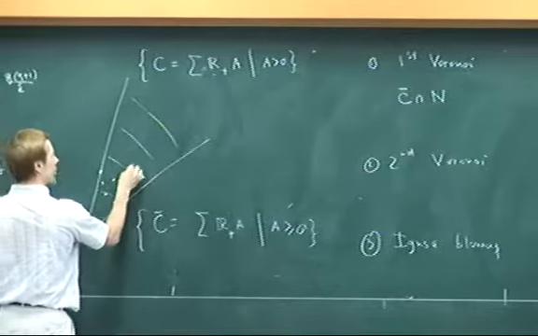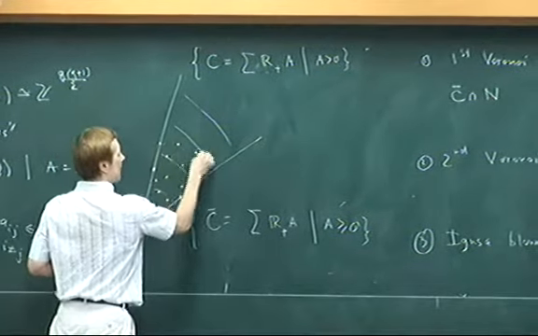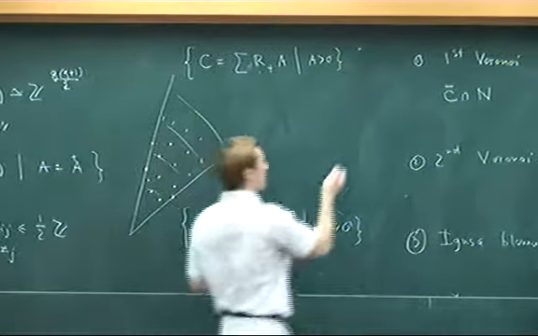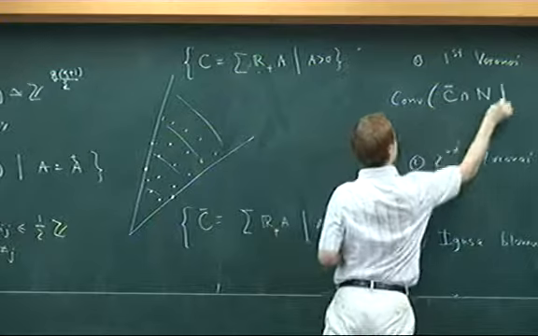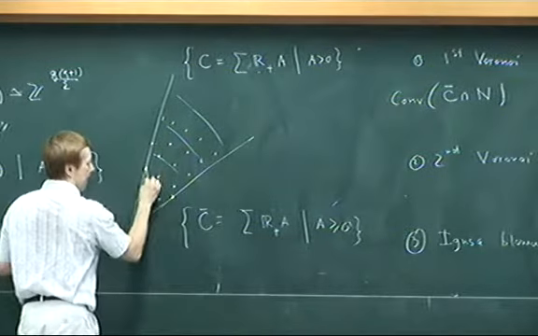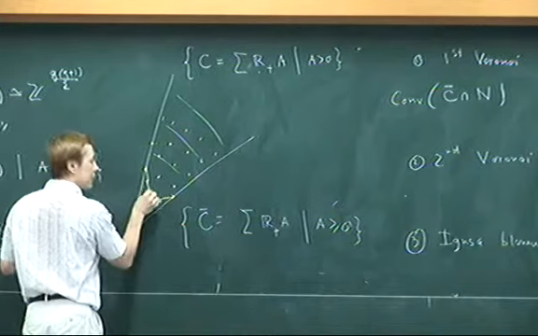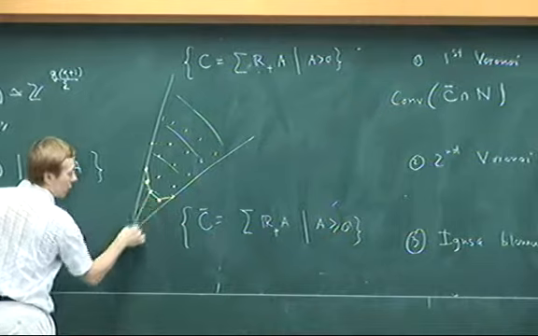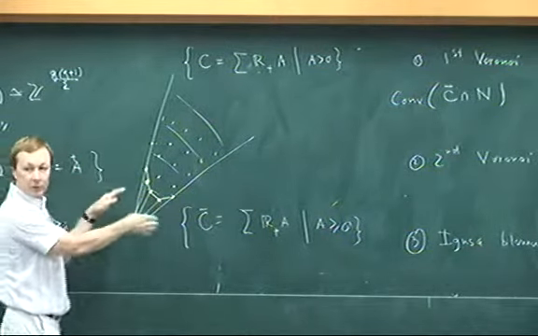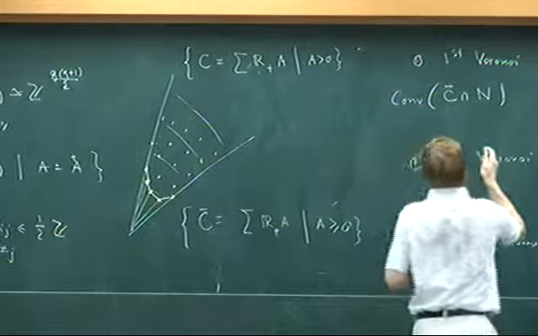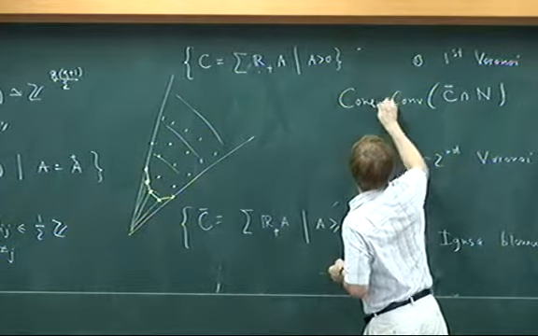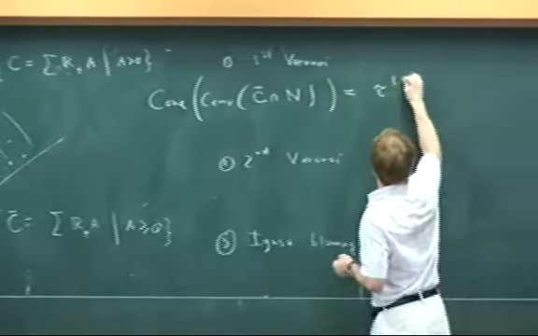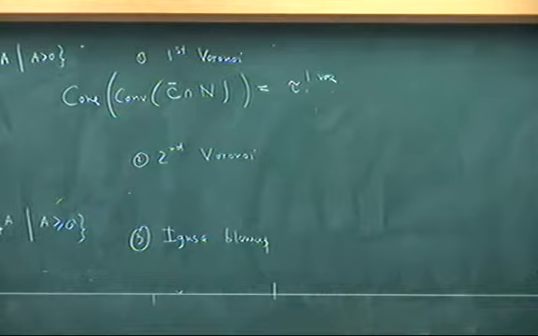You look at all the integral matrices in this cone, and you look at the convex hull of that. So there will be some extremal integral matrices. And then you look at the cone over that. So that's a polyhedral figure. And that's the first Voronoi. That's how it's defined.